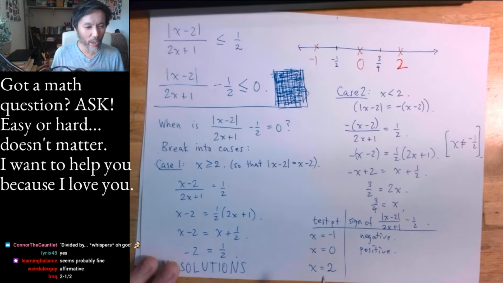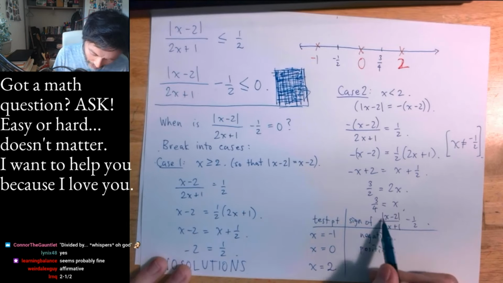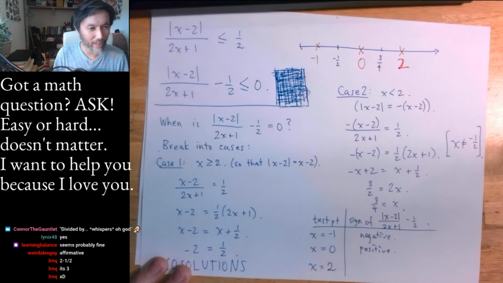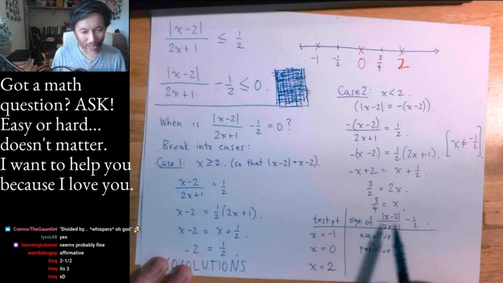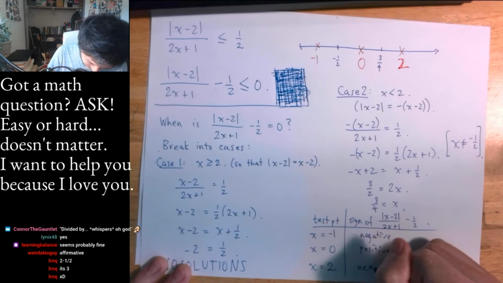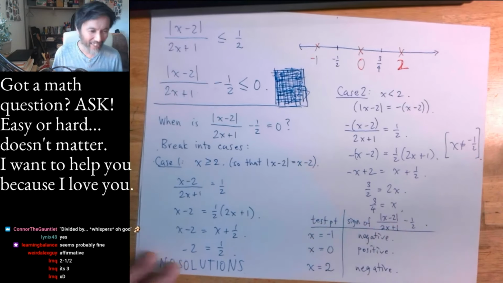Right there. And notice that at x equals 2, we get the beautiful 0 upstairs. We get a gorgeous 0. And then 0 minus 1/2 is negative.